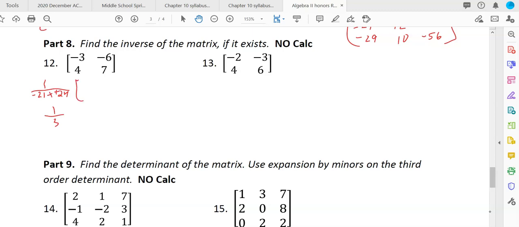And the mixed up matrix would be 7 and 3 change place, 7, negative 3. The signs on the other two change, so this would be negative 4. So multiply 1/3 times this matrix. And I get 7/3, 6/3, which is 2, negative 4/3, negative 9.